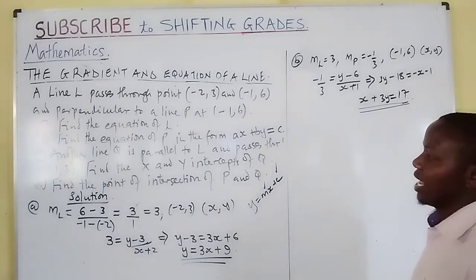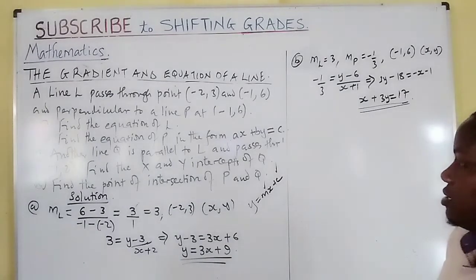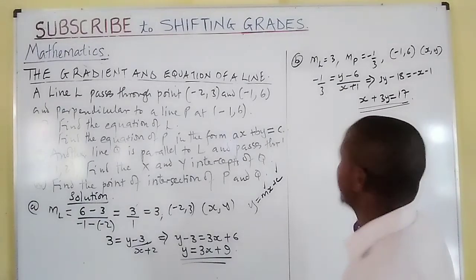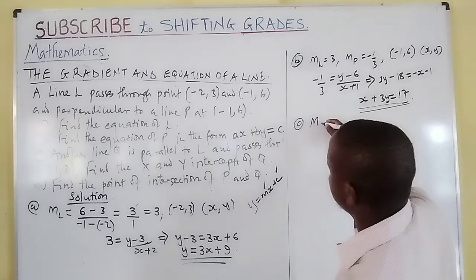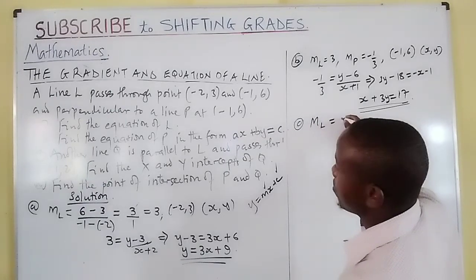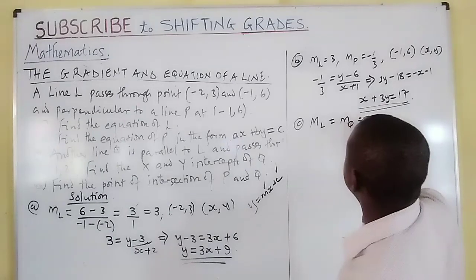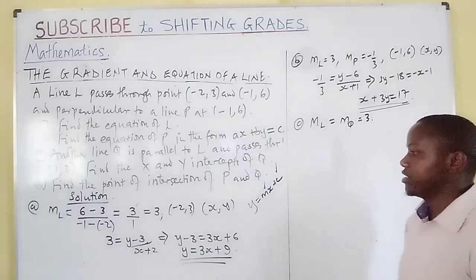There is another line now which is parallel to line L. If two lines are parallel, the gradient of L will be equal to the gradient of line Q, which means 3 in this case.